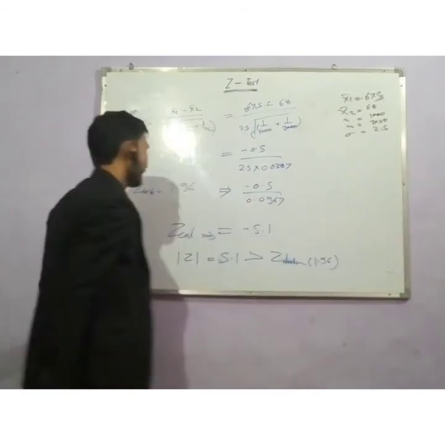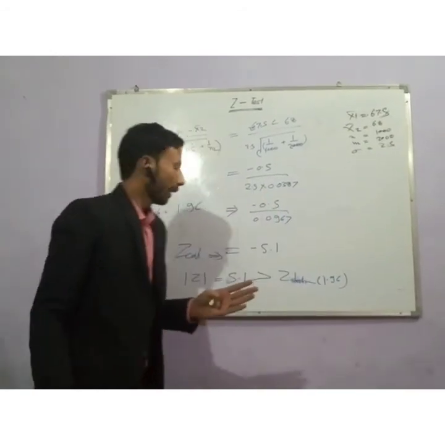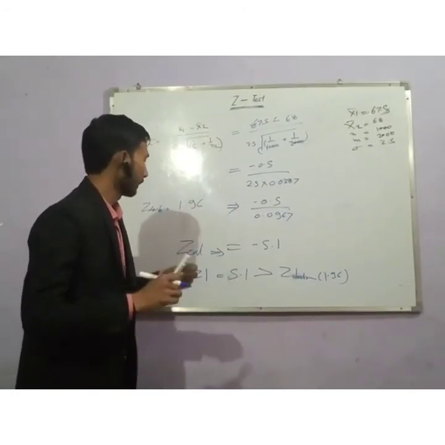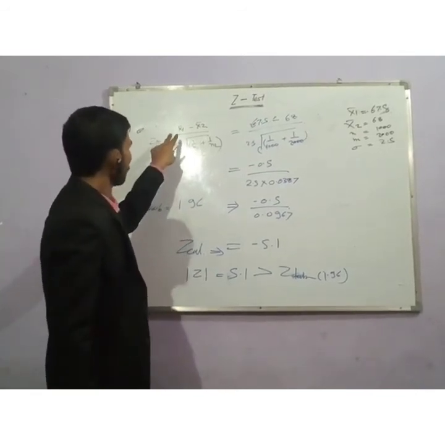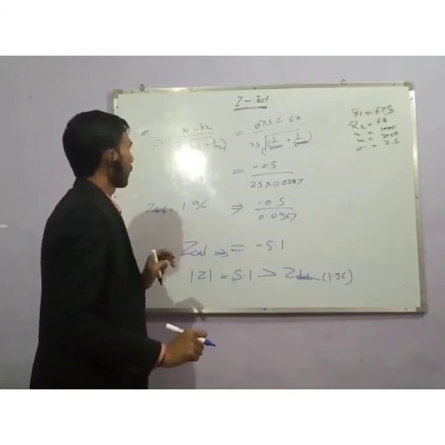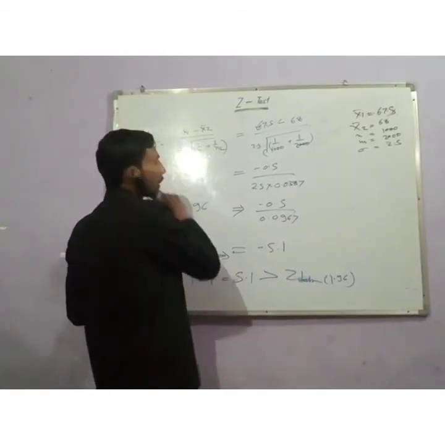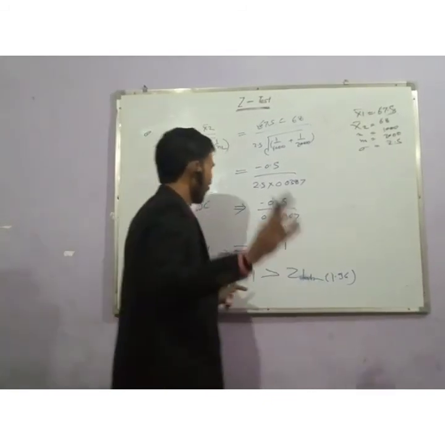So we can say that the null hypothesis is rejected and the alternative hypothesis accepted. So we conclude that both sample means are not equal. So this is the conclusion.